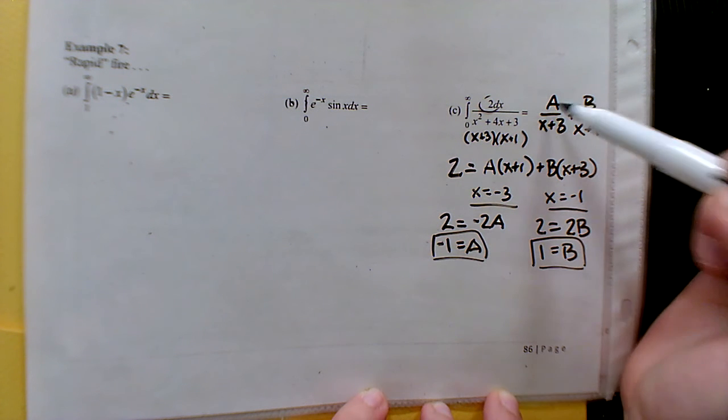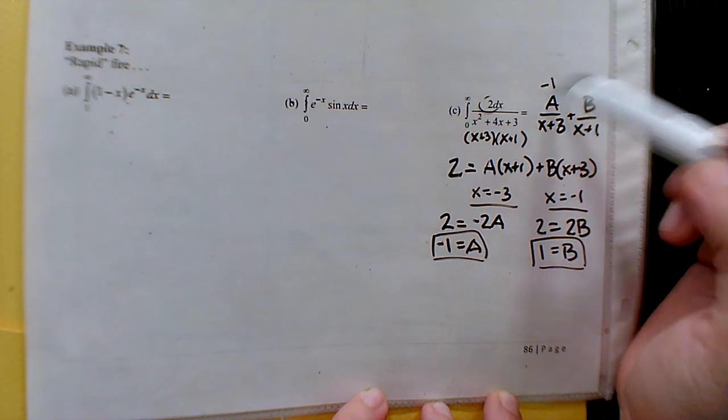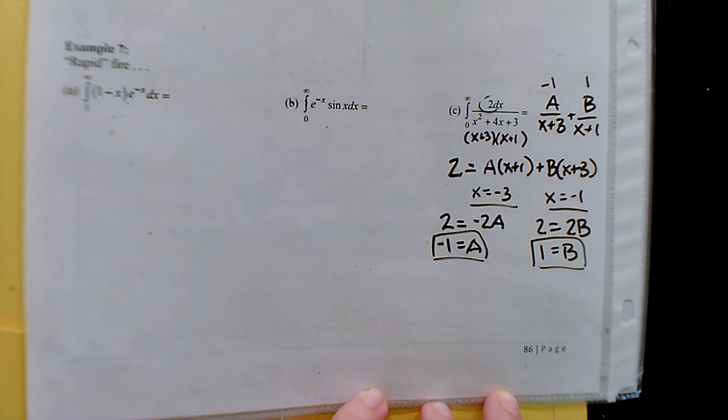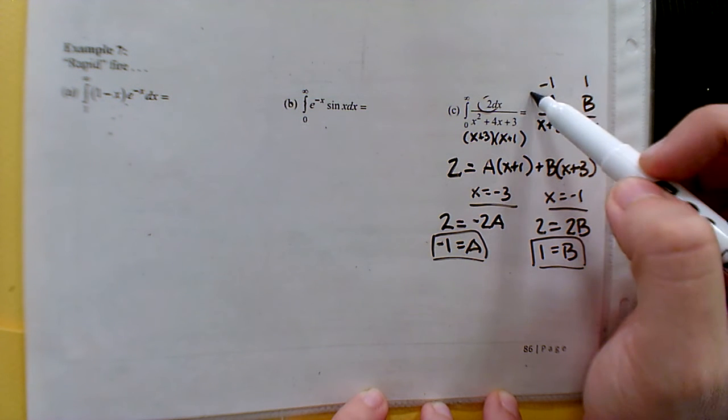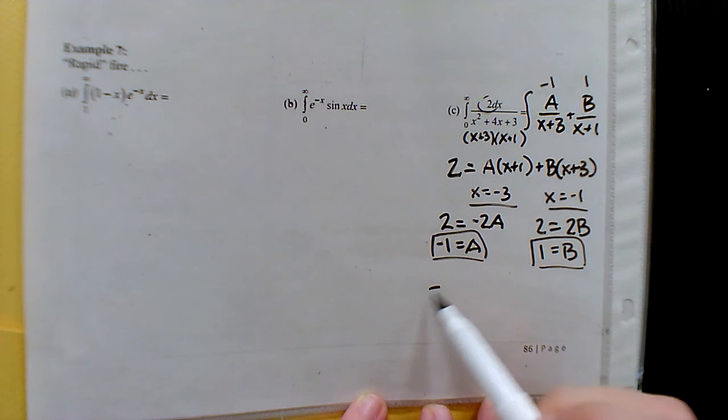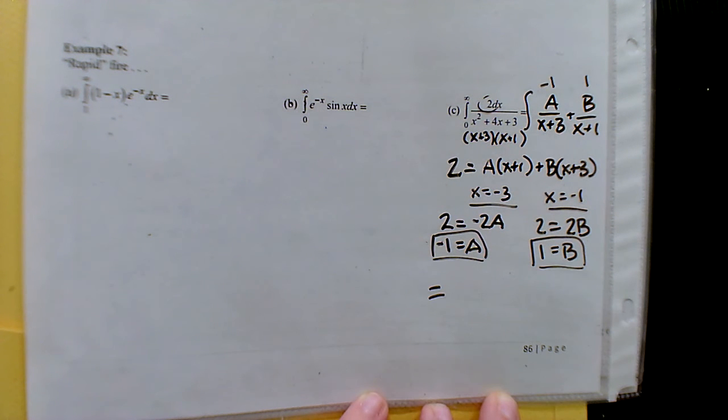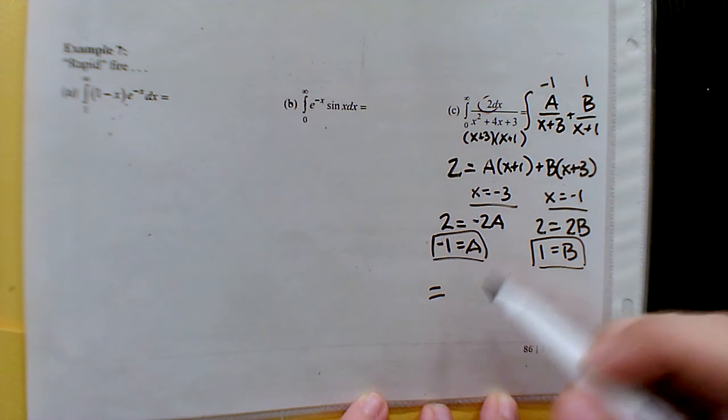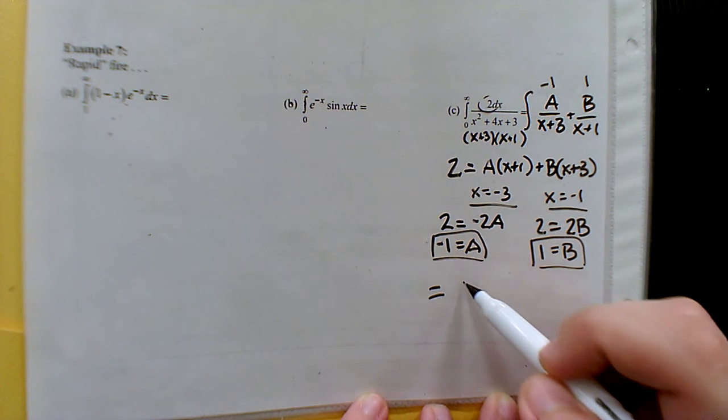So if you wanted to, you could fill in your temporary numerators now. This would be a negative 1 up top and a positive 1. So if you were to, let's say, integrate, what would it look like if we work backwards? x plus 1 over x plus 3.